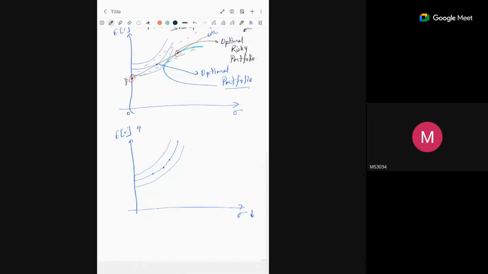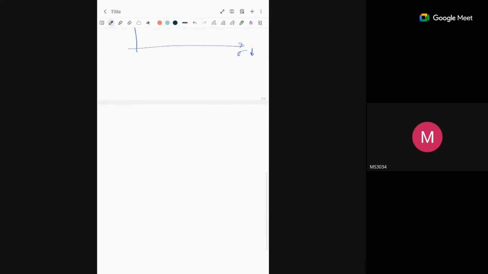And in numerical terms, in the Markowitz model, if you are given two or three or multiple assets, let's suppose we take the two assets example.